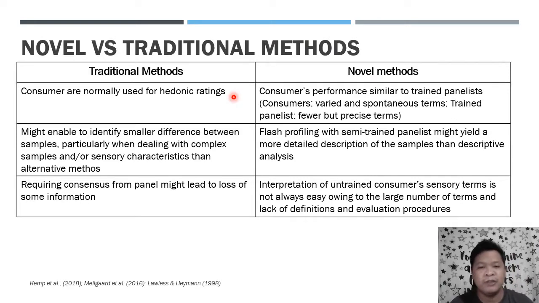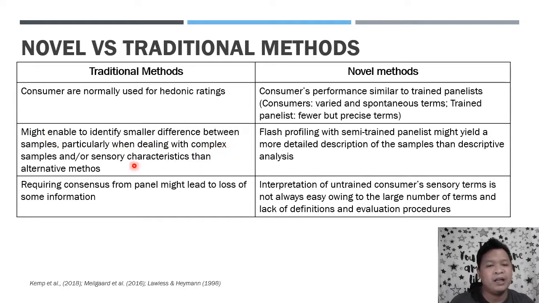However, yung point of view dito sa novel methods is that consumers can perform similar to trained panelists. Yun nga lang yung difference is that the consumers have varied and spontaneous terms, whereas trained panelists can have fewer but precise terms.